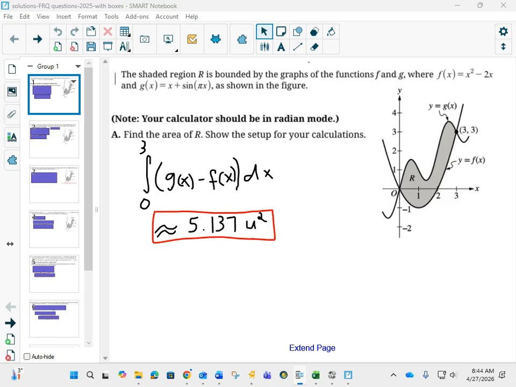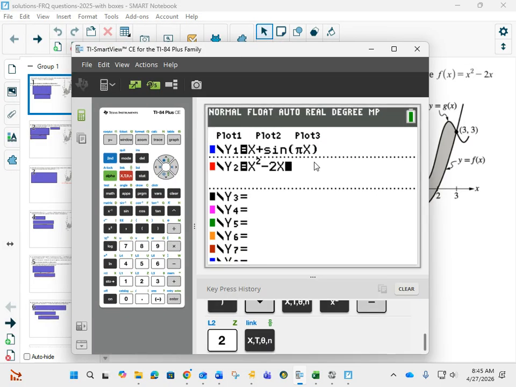So I'm going to go to y equals, I have it off to the side here, so that I can see the equations. G of x was x plus sine pi x, so I wrote x plus sine pi x in here, and x squared minus 2x.